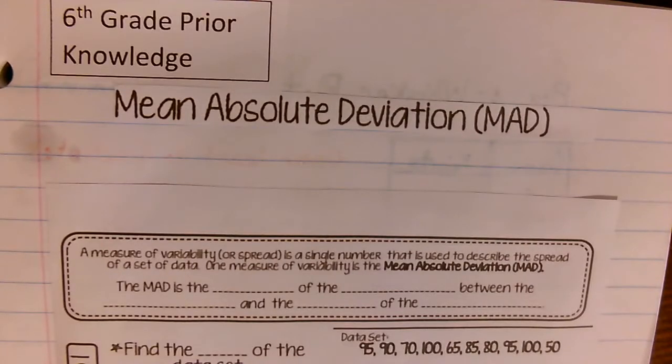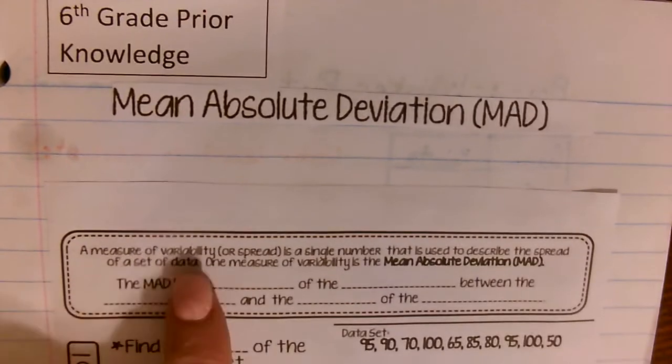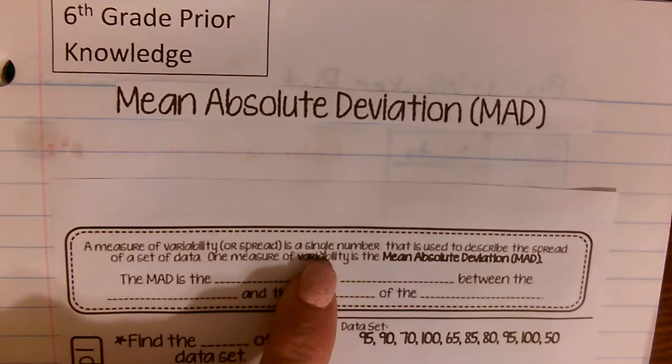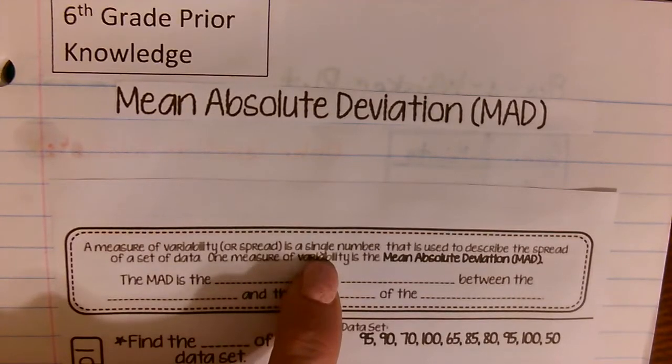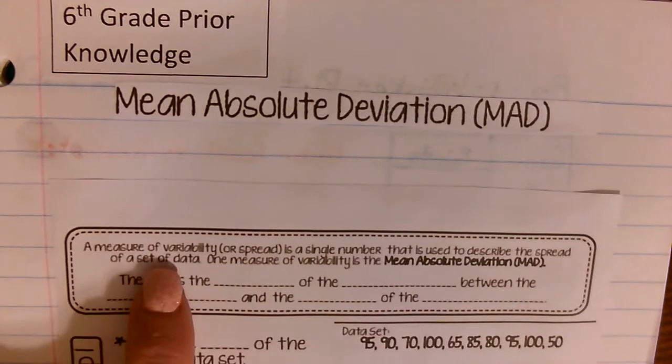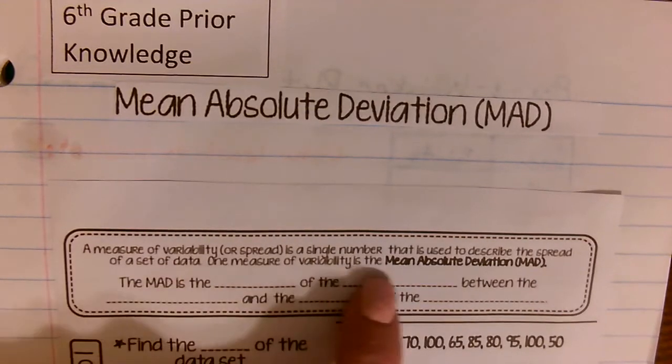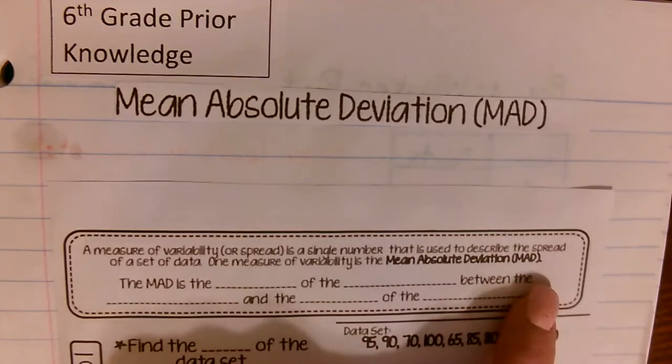Now, the mean absolute deviation is a measure of variability, or spread, a single number that is used to describe the set of data. One measure of variability is the mean absolute deviation, or MAD.